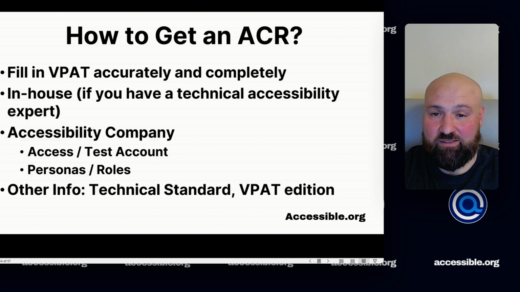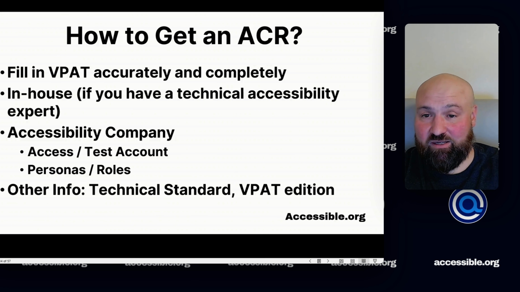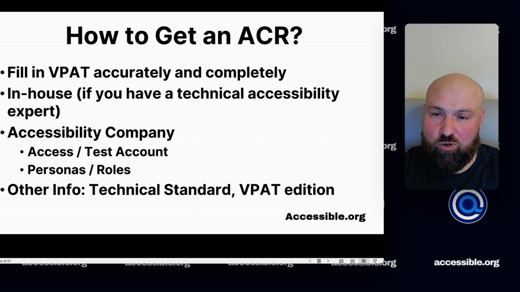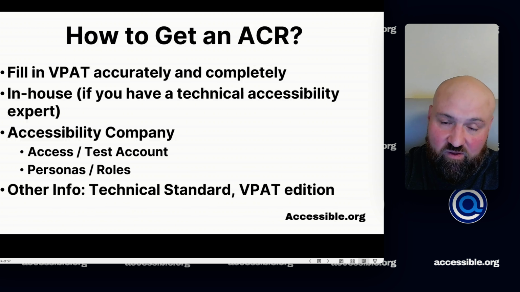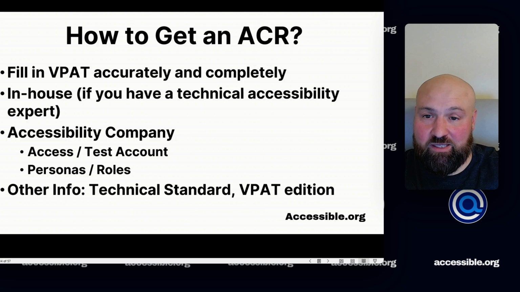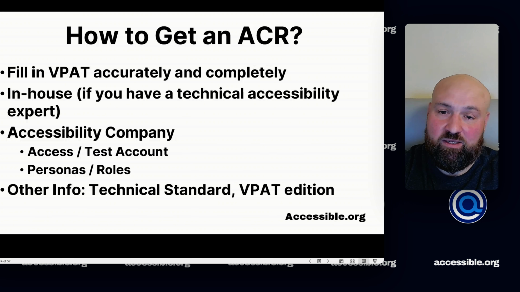So most clients elect for the WCAG edition of the VPAT, but of course there are other editions. So that's another consideration that you'll go over with the provider. But the point here is that getting an ACR is straightforward. We just need to have the information necessary to go ahead and scope, then conduct the audit, and then fill in the VPAT so that ultimately we can provide you with the client with the accessibility conformance report.